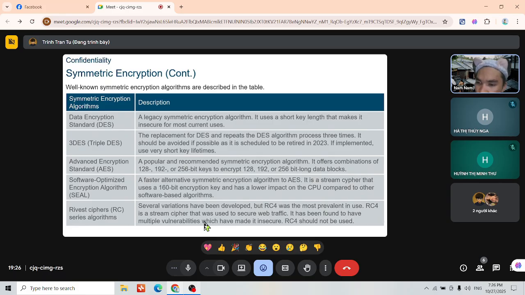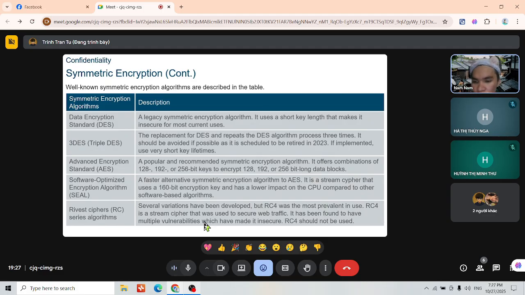Advanced Encryption Standard, AES, is the recent, popular and recommended symmetric encryption algorithm. It offers combinations of 128, 192, or 256 bit keys to encrypt 128, 192, or 256 bit long data blocks.